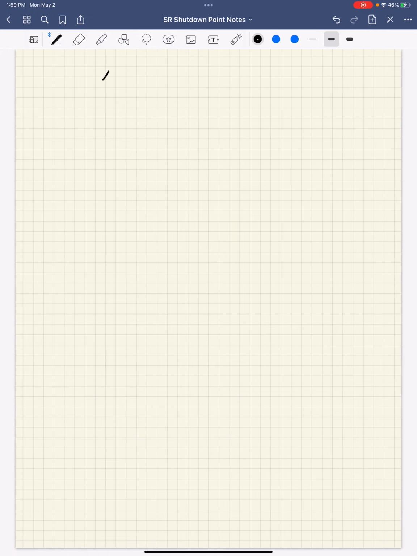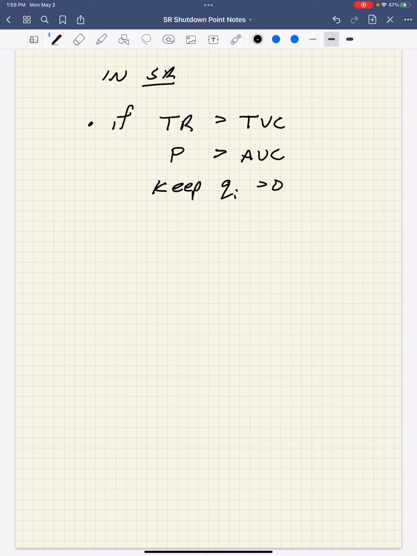In the short run, if our total revenue is at least as great as our total variable cost, or in our more familiar terms, if the revenue per unit, the price, is at least as great as the labor cost per unit, then you want to keep producing, keep that level of output Qi greater than zero, even if profit is negative.